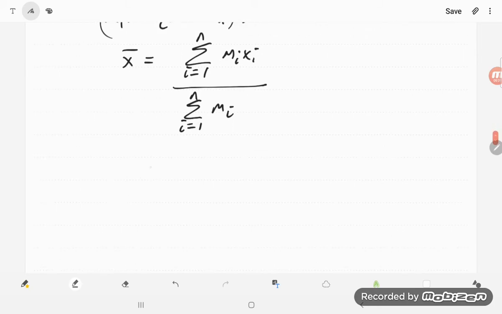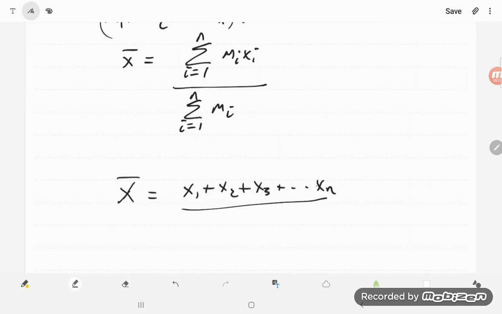And you all know that if I want the average x bar of, say, a set of numbers x1 through xn, that's x1 plus x2 plus x3, up to xn, and then divided by n. Okay? Well, so you see there's something similar there.